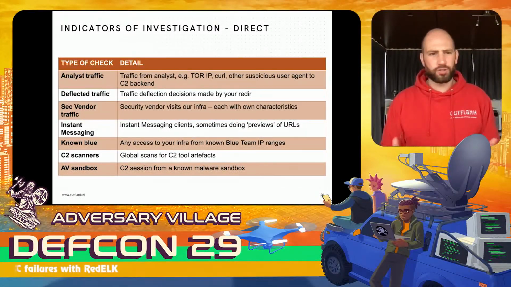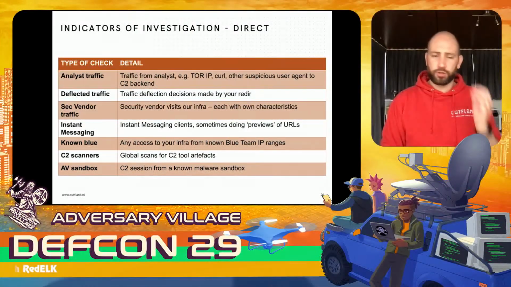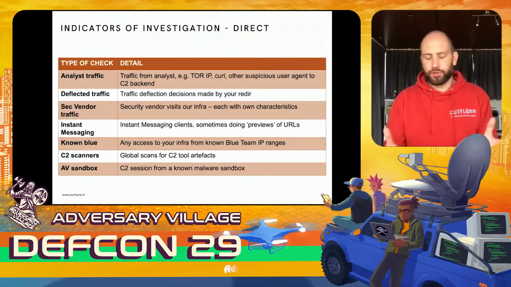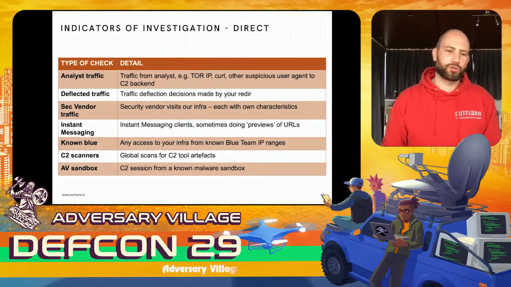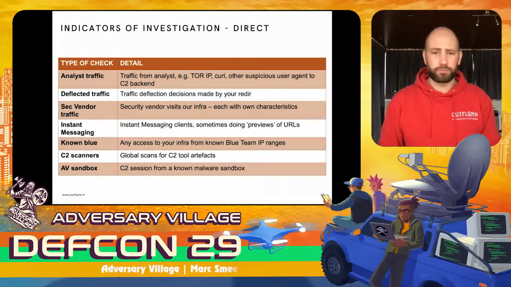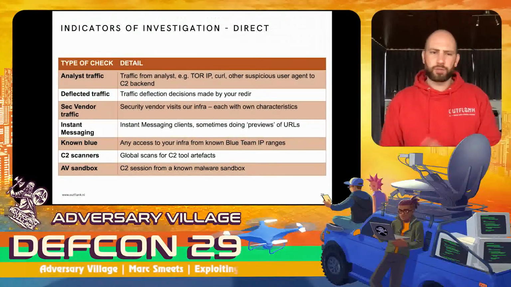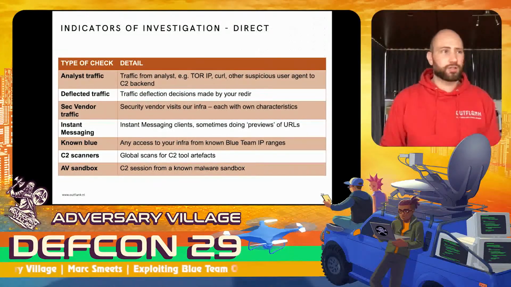And then there are generic C2 scanners and AV sandboxes. Having RedELK, you will have proper insight into what those C2 scanners are doing and where they're coming from. Not directly alarm related, but it's very helpful to have that insight.